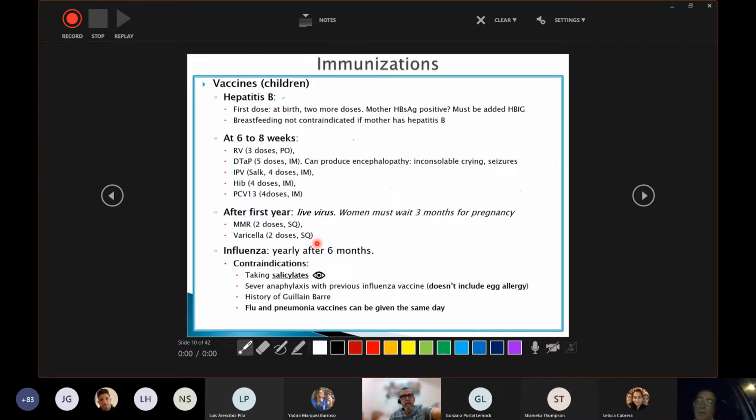And it's so useful to remember that hepatitis B and all these vaccines are intramuscular, while the ones that are subcutaneous are the live viral vaccines. The problem of the live viral vaccine is that the virus is alive, weak, attenuated, cannot produce disease, but it is alive. And if a person with depressed immunity has this virus, even being attenuated, being weakened, then the virus can produce the disease.